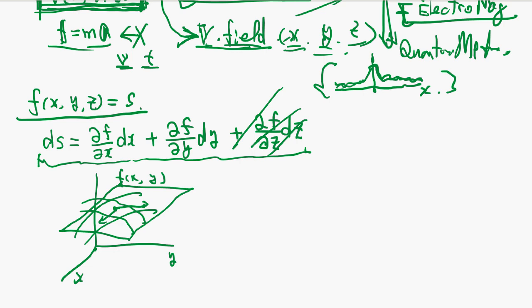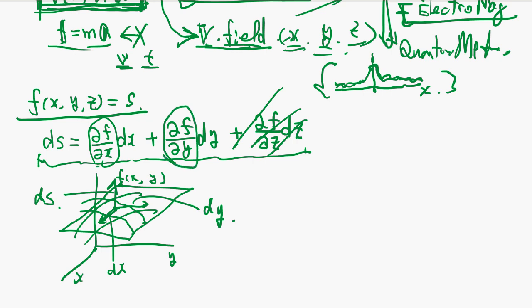That's the dx and dy, and you can calculate how much dS changes by multiplying by this coefficient.